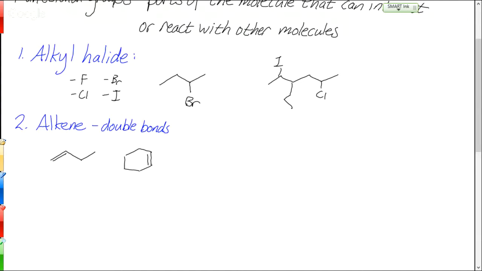Again, that gives us a site of reactivity. Double bonds can go grab other molecules, can connect with other molecules, can do stuff, whereas the regular single bond alkanes can't. Some other special things that we should know about double bonds. Let's zoom in on one.